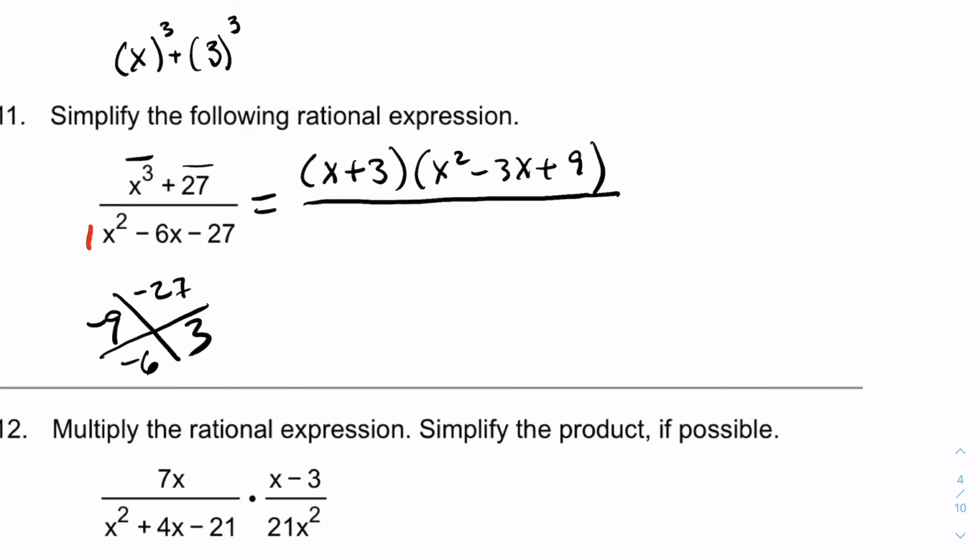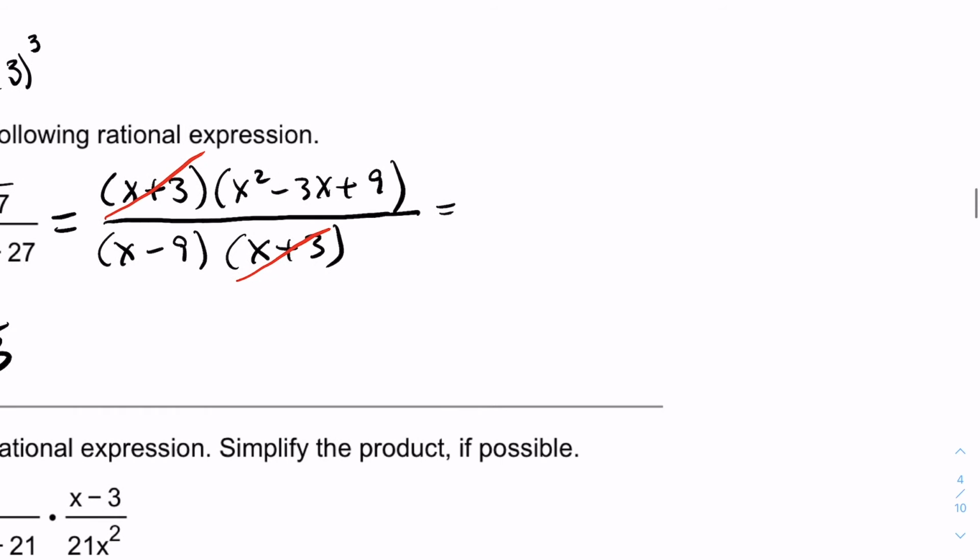So if you have negative 9 times 3, that means that this will factor down to x minus 9 times x plus 3. Now we're fairly happy because we see common factors of x plus 3 being reduced, leaving us with the final answer of x squared minus 3x plus 9.